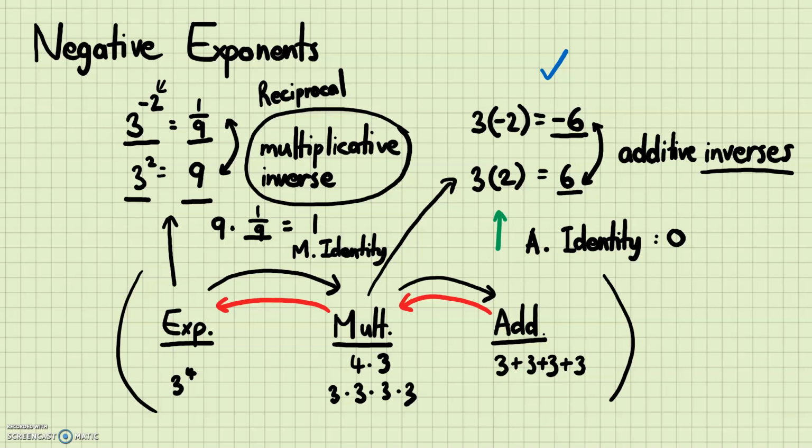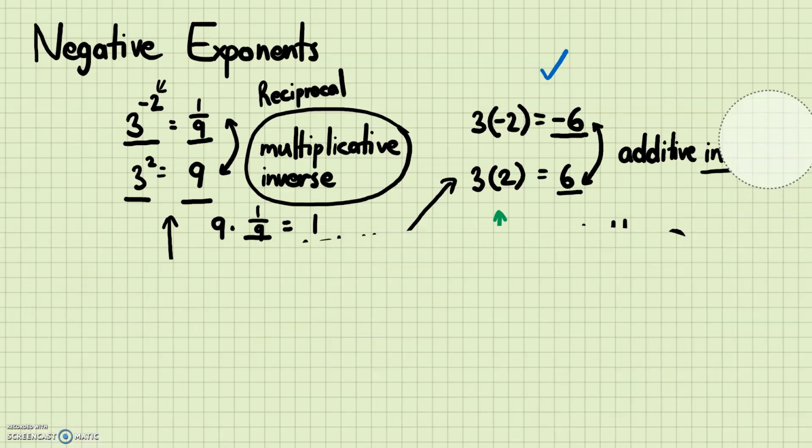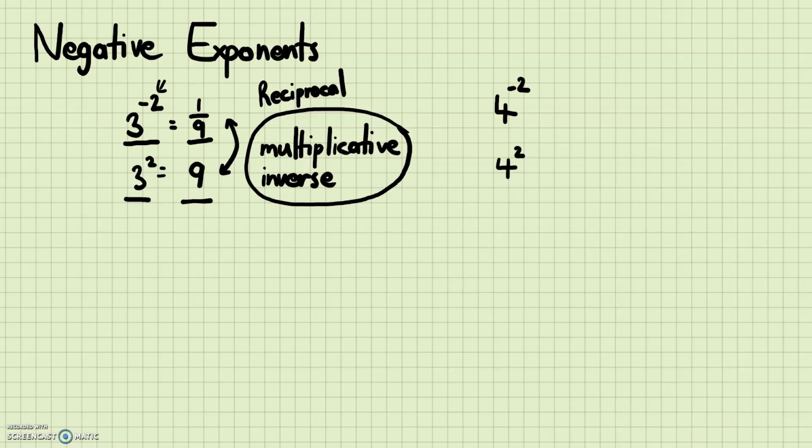So let's do a few more problems here. You might be confused right now of all the things that I've said, but it's not as complicated as it sounds, and you'll see it. So for example, if I have 4 to the negative 2 power, if that was the positive 2, what would that be? 4 to the positive 2 would be 16.